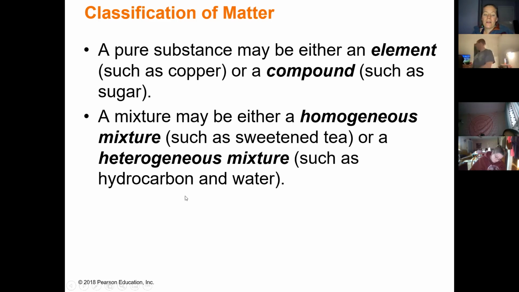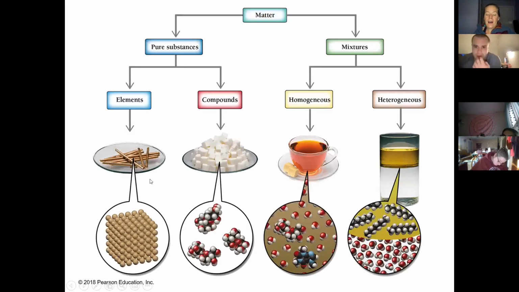Another example of a heterogeneous mixture is spaghetti and meatballs. The spaghetti and the meatballs are all on the plate together, but depending on what your perfect bite is, maybe it's more meatball and sauce and less spaghetti, or more spaghetti and less sauce and meatball. That would be a mixture that is not evenly mixed throughout.